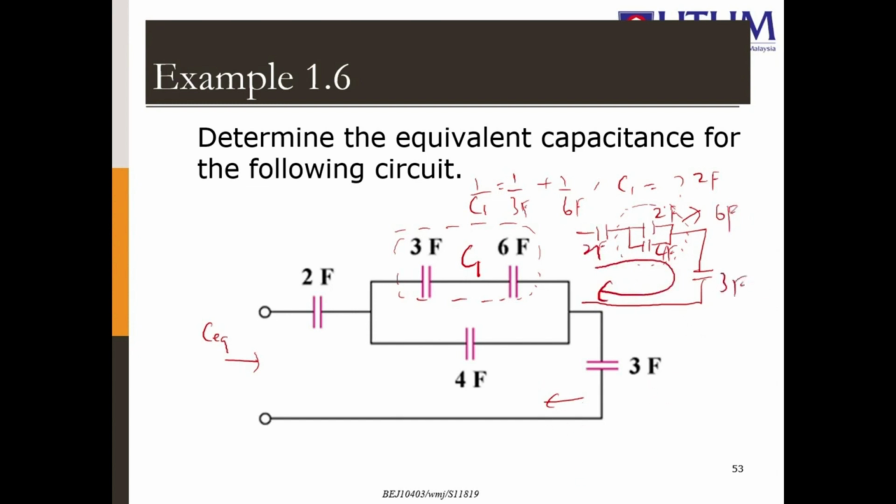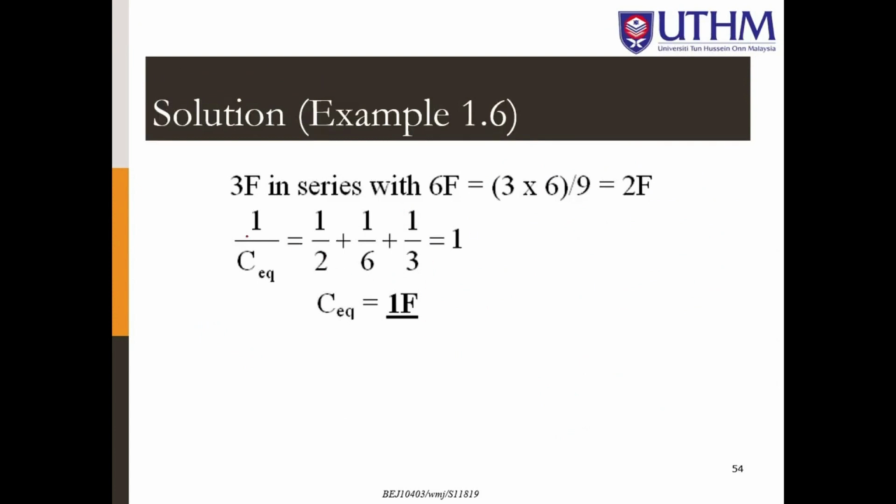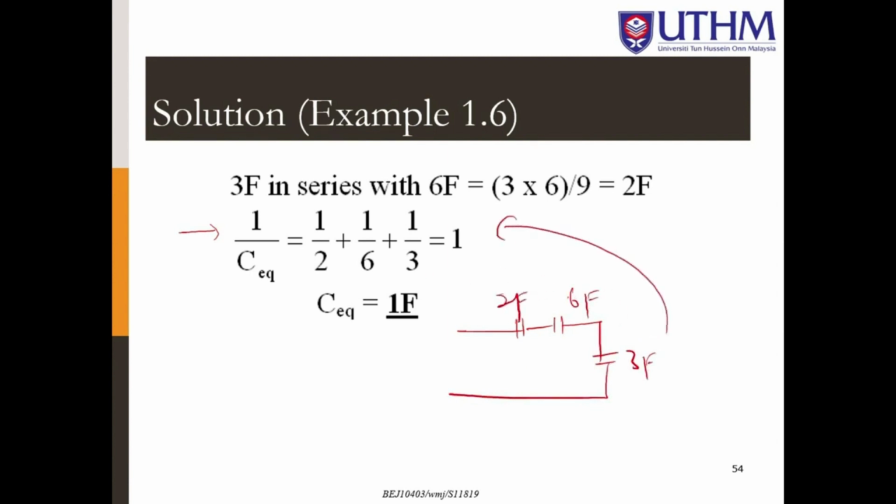So in series, you will have this kind of solution. The simplified circuit just now is something like this. Over here you have 3 farad, over here you have 6 farad, and this is 2 farad. So in total, you will have C equivalent equals 1 farad. If you are given the circuit, the best way to solve it is using the circuit reduction technique.